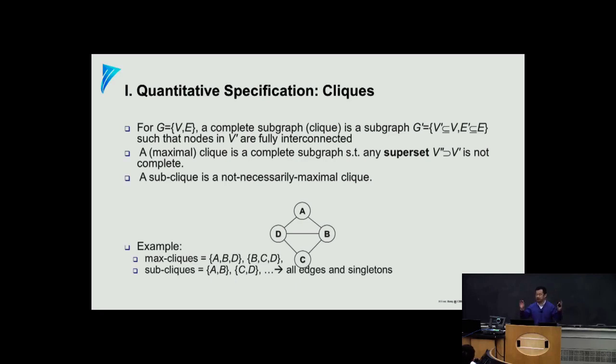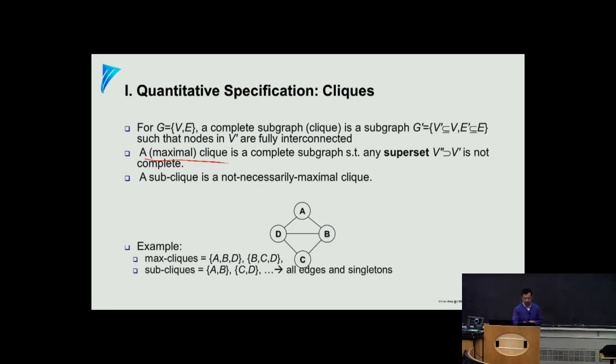It's the fully connected components inside a graph. And also, you can associate them with a little bit fancier concepts like a max clique, which means that it is the maximum subset of the graph that is completely connected. And if you include one more node, then it becomes not completely connected and so forth.